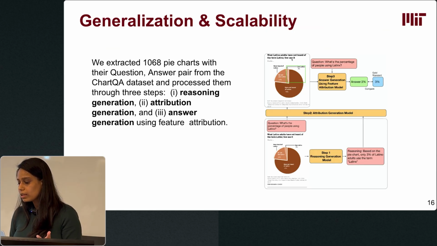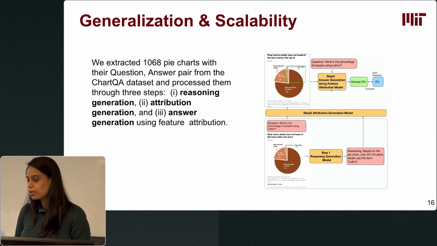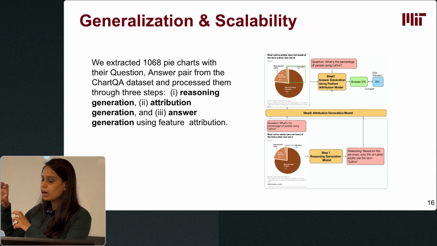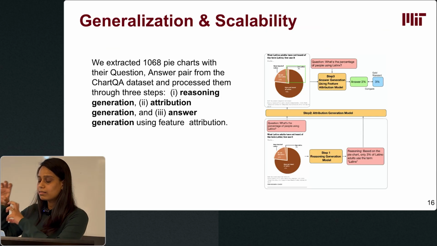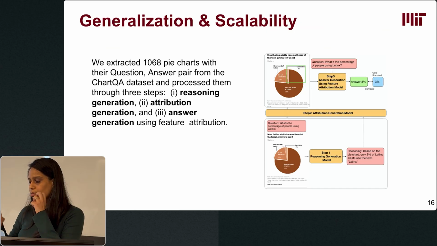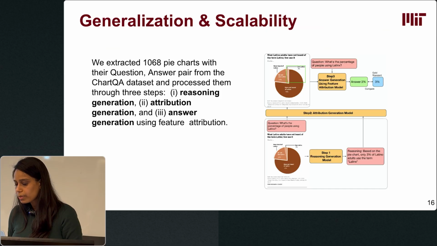Now using this selected region of the chart, we pass it through a feature attribution model, which means we are just passing the region of the chart inside the bounding box, and we are trying to predict how close it is to the ground truth. Is it exactly the same, or are there some discrepancies?